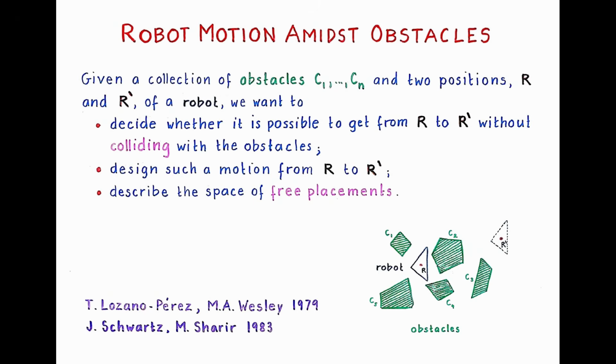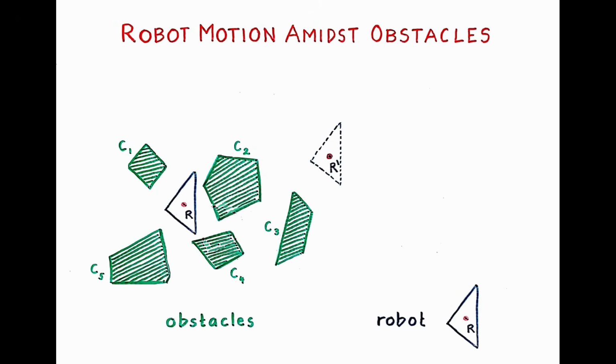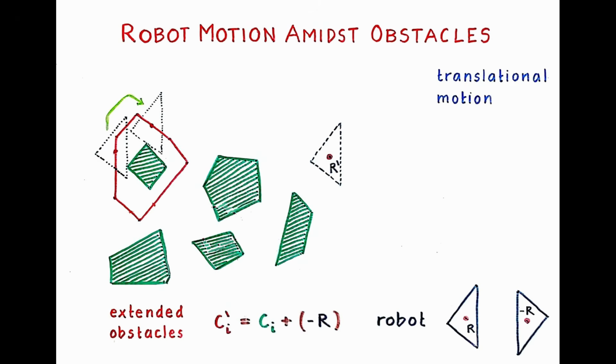So first, let me get a slightly bigger picture here. What we can do is take this robot and slide it around the first obstacle. And we see what will be the curve along which the handle, the point of reference, will move.